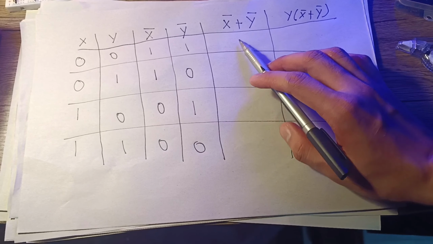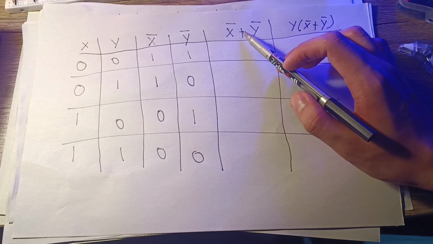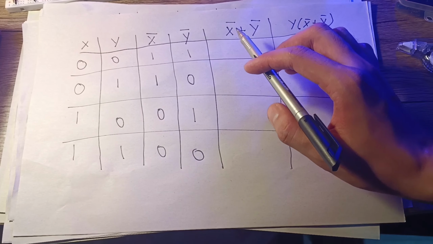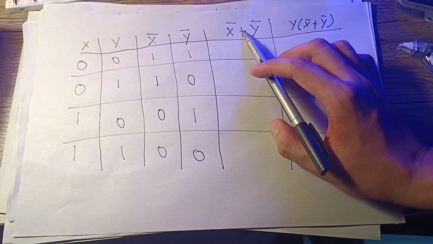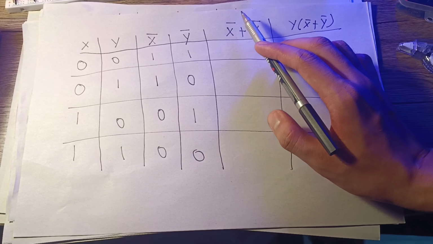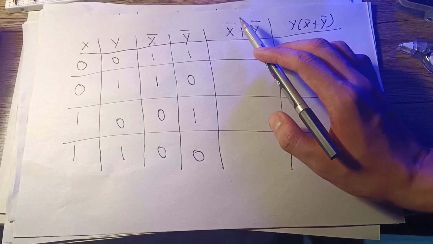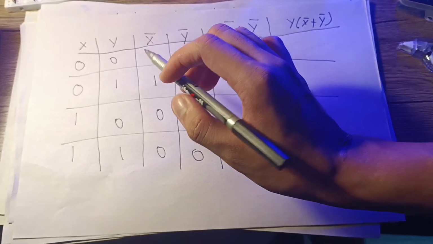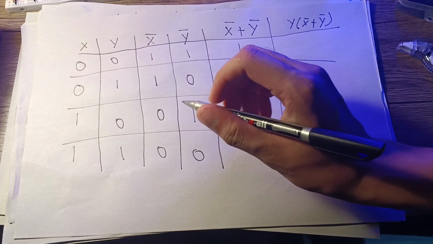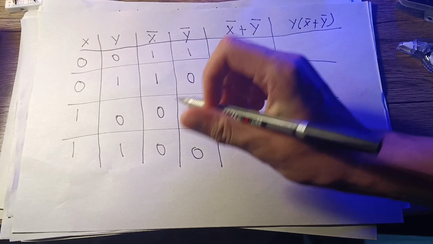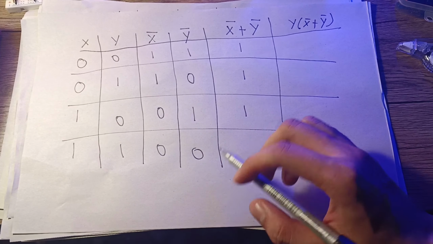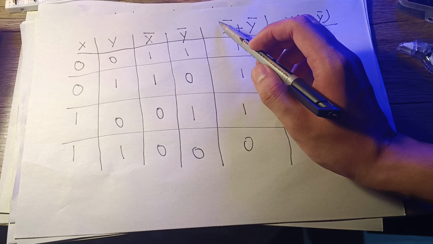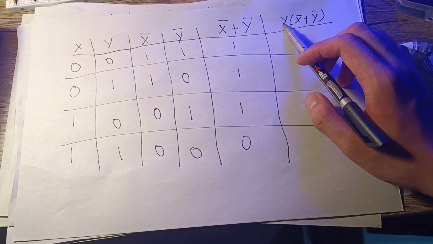The next one, we have to add the x and the y. So we have the logical addition here. In the rule of logical addition, if either one or both of the inputs is a 1, then the output is a 1. So 1 and 1 is 1, 1 and 0 is 1, 0 and 1 is 1, and 0 and 0 is 0. And in this, we have to multiply this to the y.